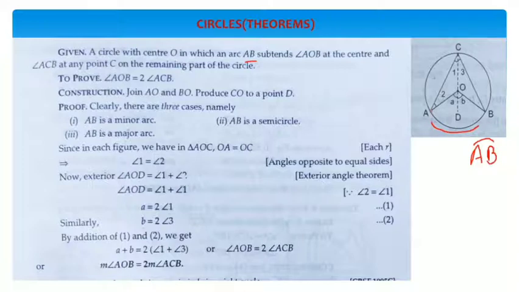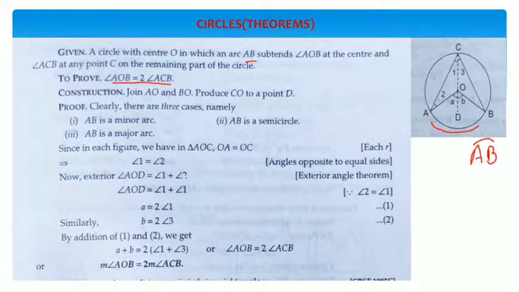So for that we have joined A to O, B to O. Now we got this angle at the center. Now we have taken a point C on the circle and we have joined this point with the end points of the arc AB, that is AC and BC. So we got this angle on the remaining part of the circle. Now we have to prove that angle AOB is twice, means 2 times, angle ACB. So this we have to prove.